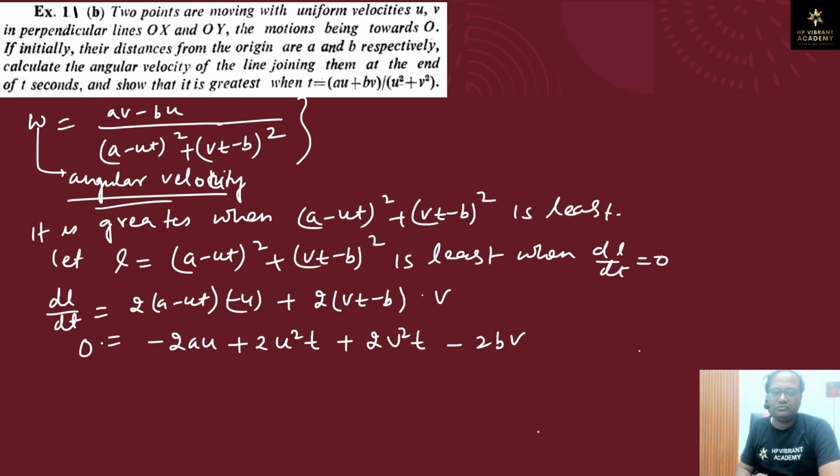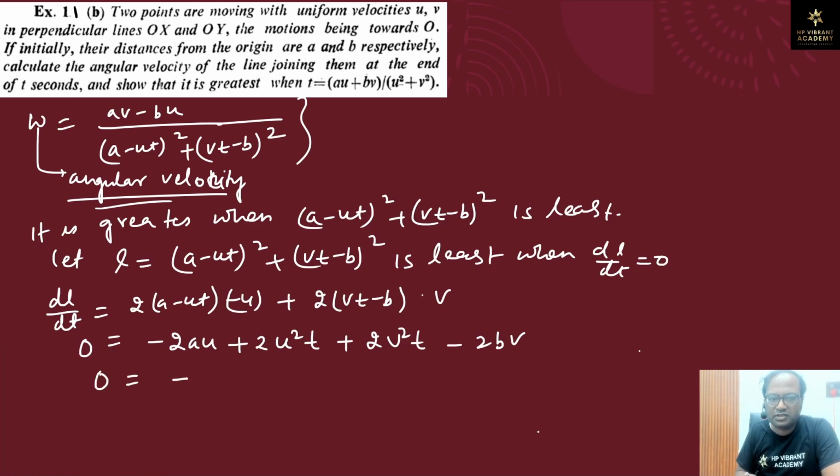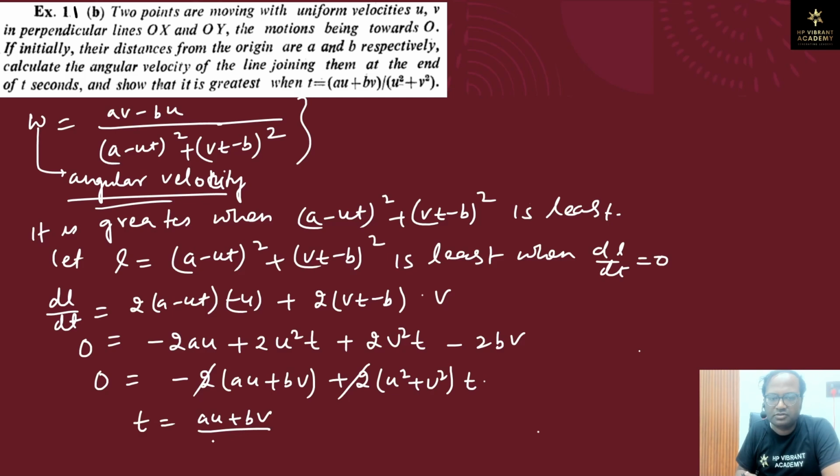Let us further simplify this. So we have 0 equal to minus 2(AU plus BV) plus 2(U square plus V square) into T. This means T is equal to (AU plus BV) upon (U square plus V square).